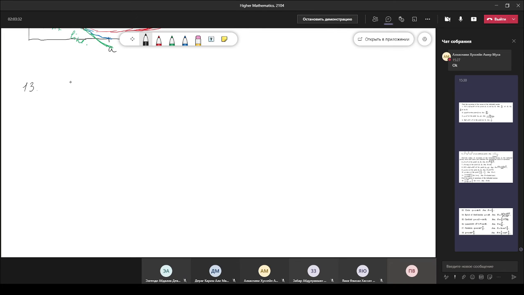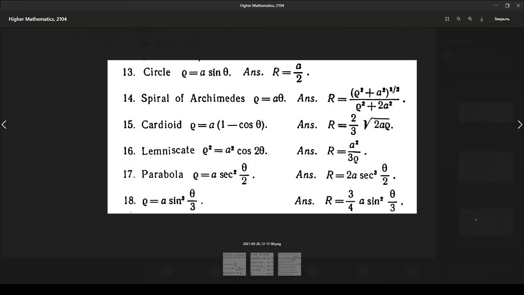Rho is a times sine of theta. And we have arbitrary points, yes.